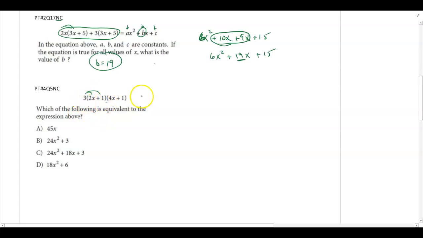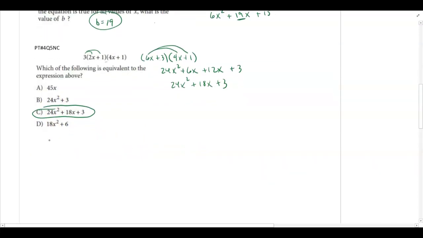So I'm going to distribute the 3 to get 6x plus 3, and now multiply that with 4x plus 1. 6x times 4x is 24x squared, 6x times 1 is plus 6x, 3 times 4x is plus 12x, and 3 times 1 is plus 3. When I combine like terms, 24x squared plus 18x plus 3 matches up with letter choice C.